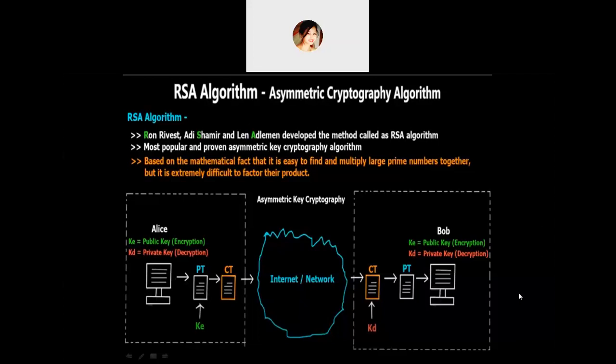Encryption means conversion of plain text to ciphertext. So don't get confused: after encryption comes symmetric, then asymmetric. When we talk about encryption, it means conversion of plain text to ciphertext. Then in encryption types we have two: symmetric encryption and asymmetric encryption. Symmetric and asymmetric come under encryption types only.